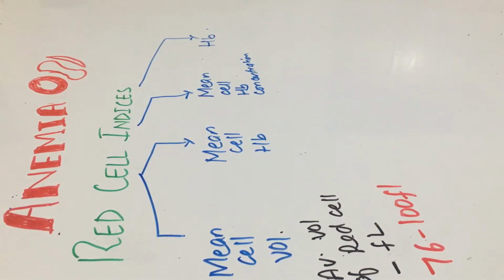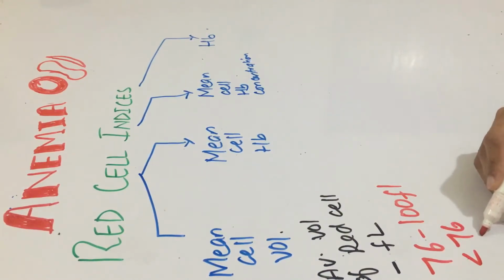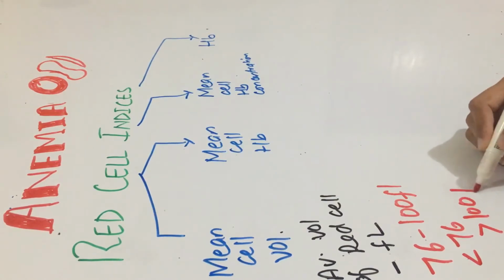So below 76 femtoliter there would be microcytic, and above 100 femtoliter there would be macrocytic anemia.